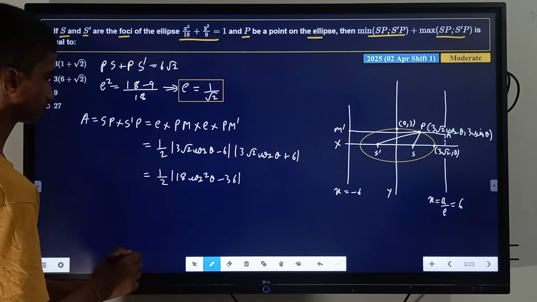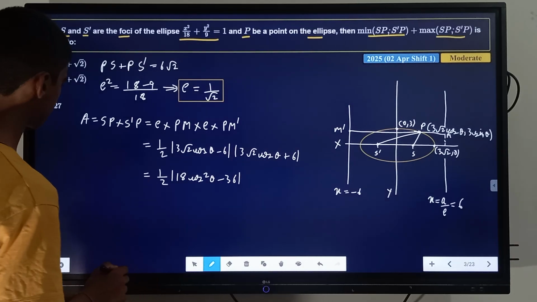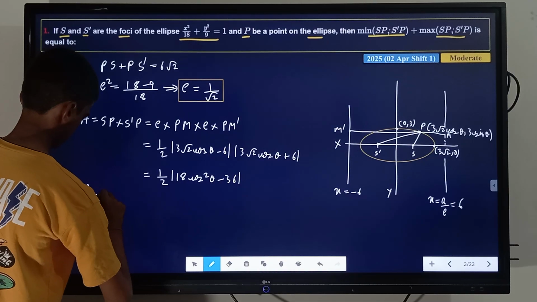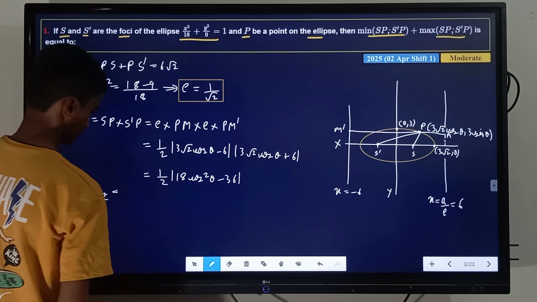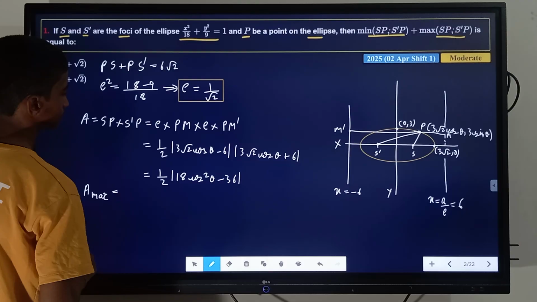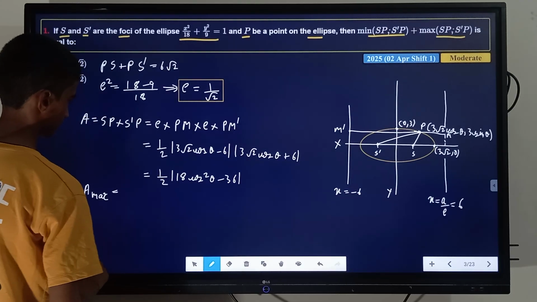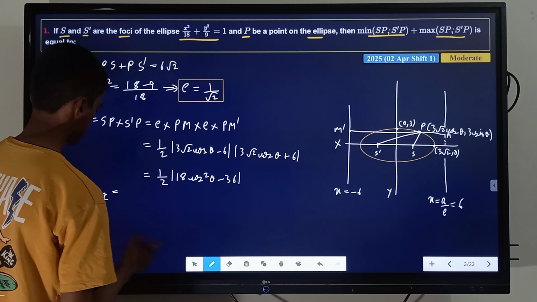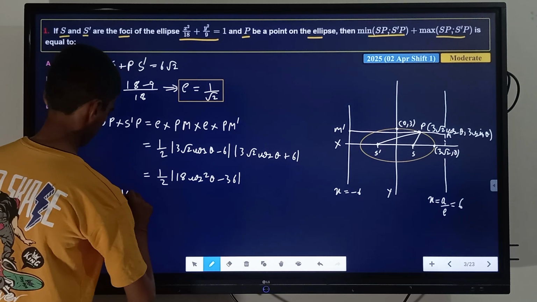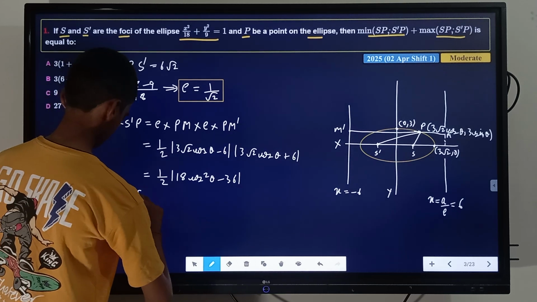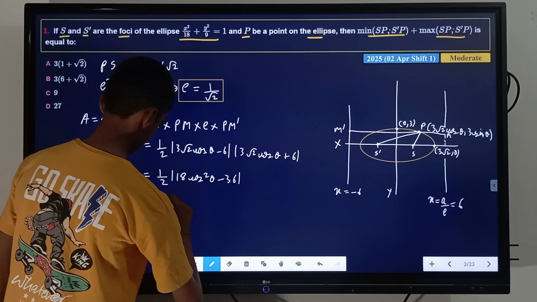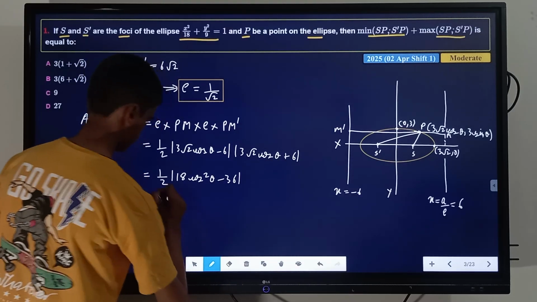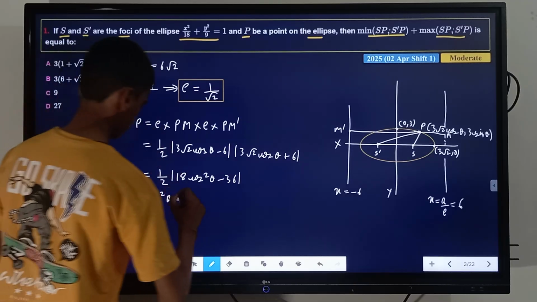So from here we will get our A max will be equal to, when our cos square theta is equal to 0, mod of minus 36, 36 upon 2, this is when cos square theta is equal to 0.